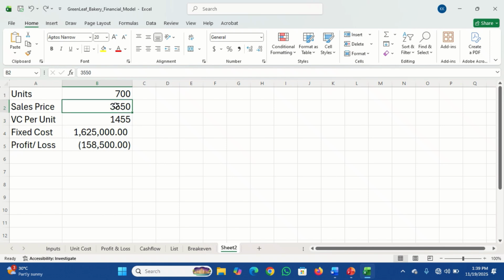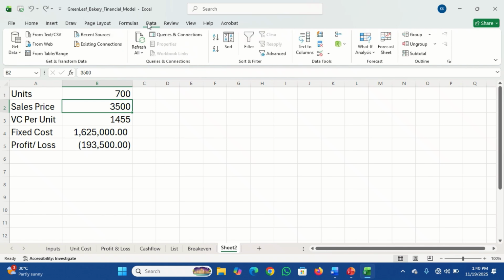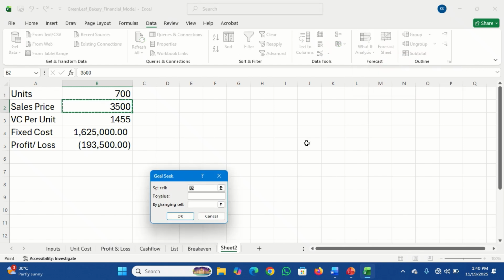Now what we need to do is to simply use Goal Seek. To use Goal Seek, we have set up this table here. So we are going to go to Data, and then What-If Analysis. We now click on Goal Seek. What we are looking at is to set a particular cell. The cell we are setting is the profit and loss cell, because that's what we want to get.